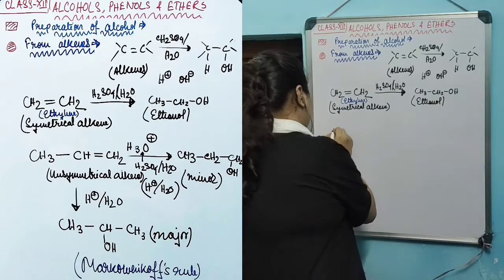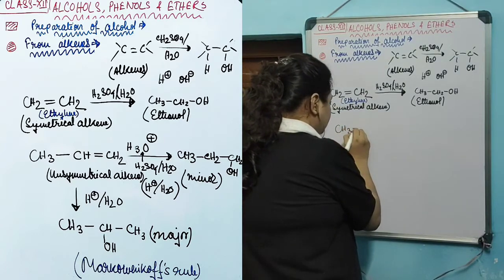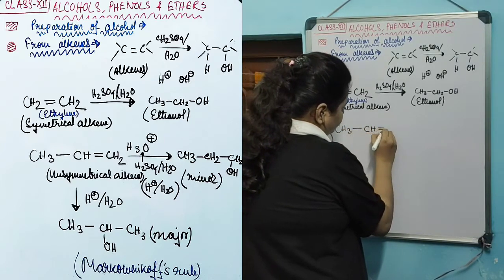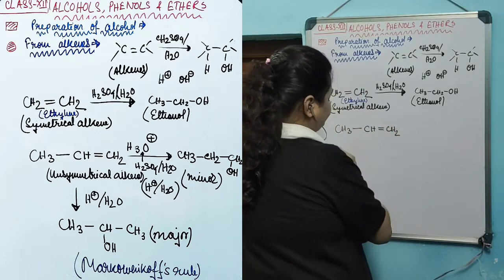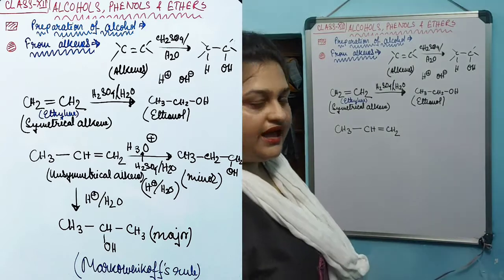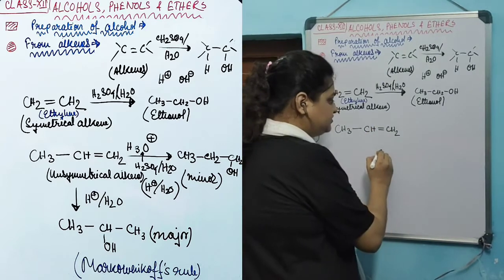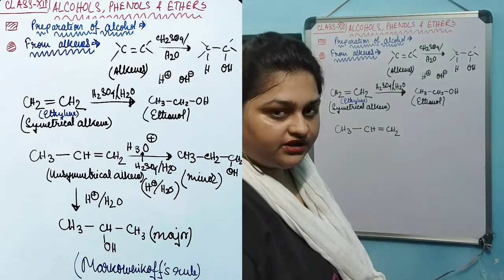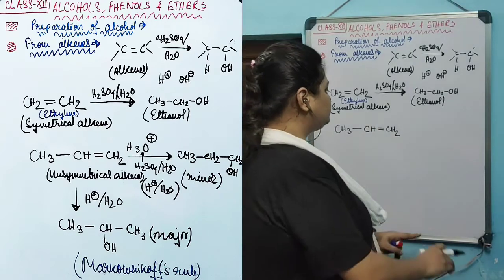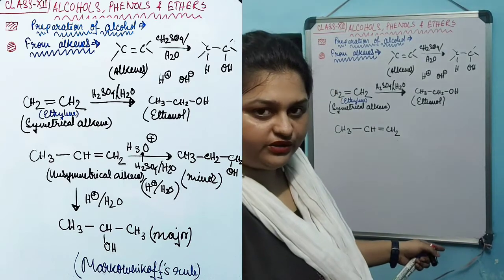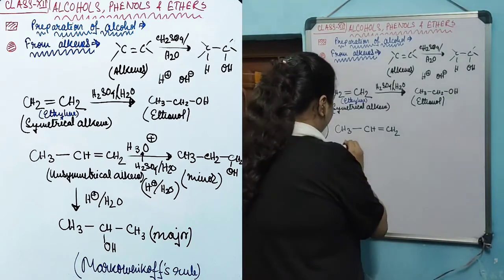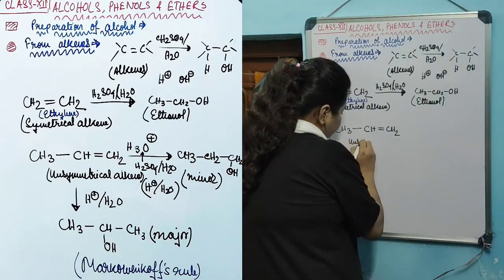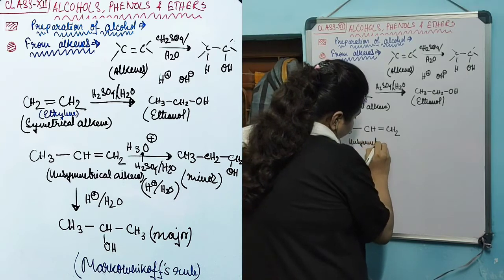Now let's take an example of another alkene. This is propene, prop-1-ene. This is an unsymmetrical alkene, because if you place a mirror in the middle of the double bond, the two parts we get are not symmetrical with each other. That's why this kind of alkene is known as unsymmetrical alkene.